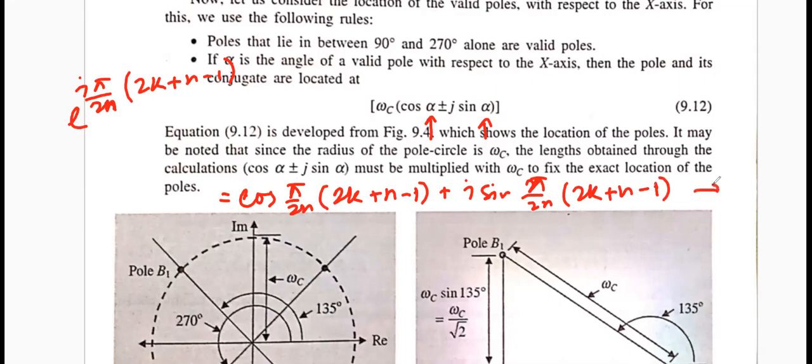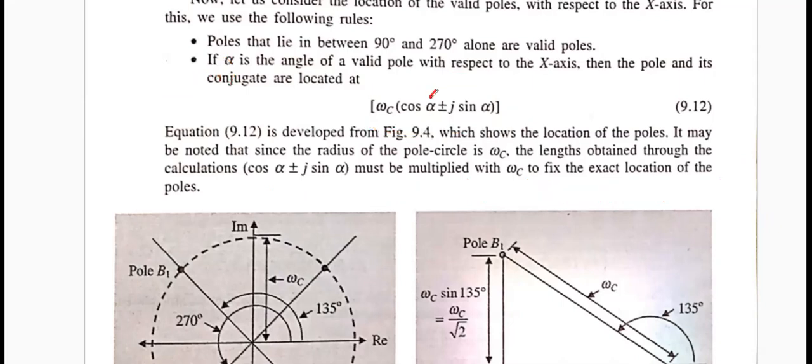Those are the valid poles. Now altogether we have plus and minus. This minus shows the poles that are not valid. Okay, so in general we can present it like this. However, this alpha is equivalent to pi by twice n, twice k plus n minus 1. That is the value of the alpha.